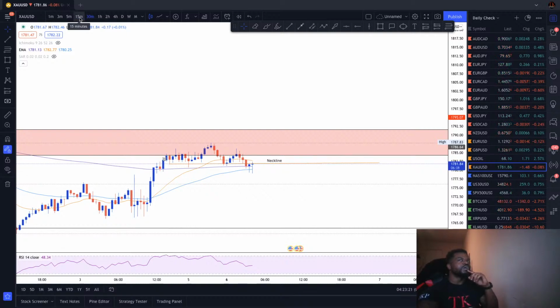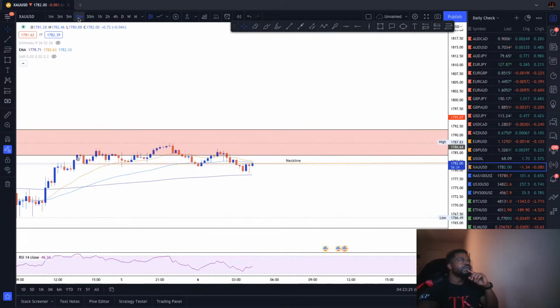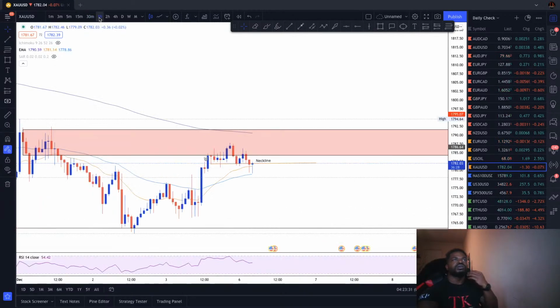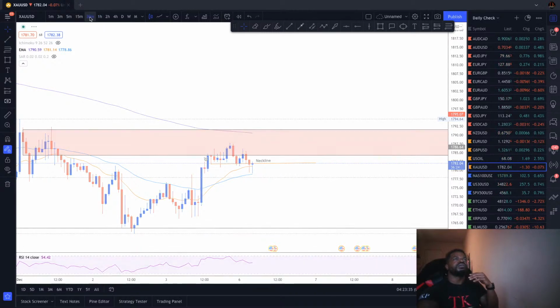On the 2 hour, we didn't get a close below the neckline quite yet. So we have 36 more minutes in the hour candle.